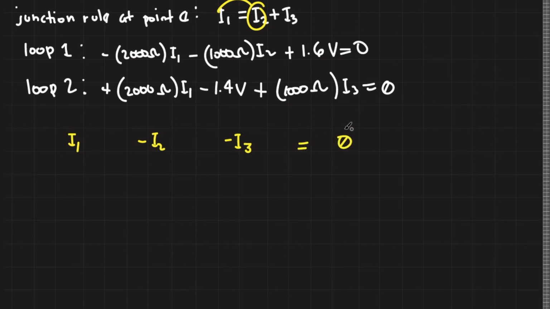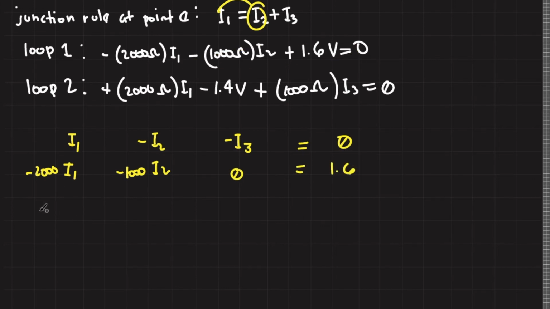For loop 1, I have negative 2000 ohms. I won't write the symbol ohms for easier notation. And negative 1000 I sub 2, then 0, because there's no I sub 3 here, equals 1.6 volts.